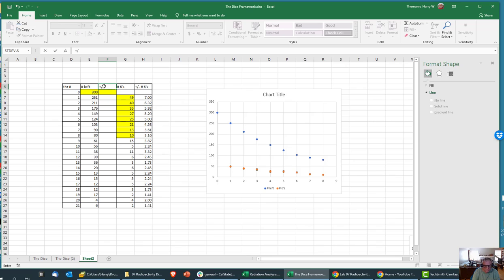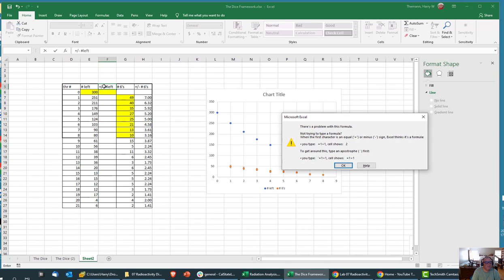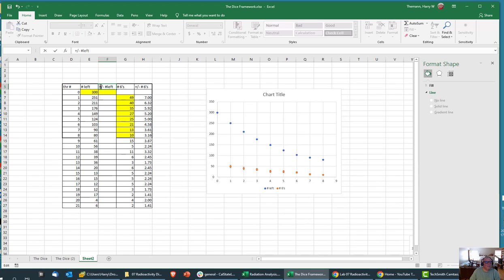See, plus minus number left, and you see Excel complains because it thinks it's a formula, so I just have to add an apostrophe. There we go. And so that's equal to square root.